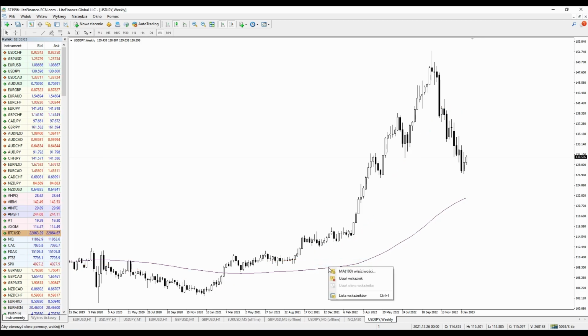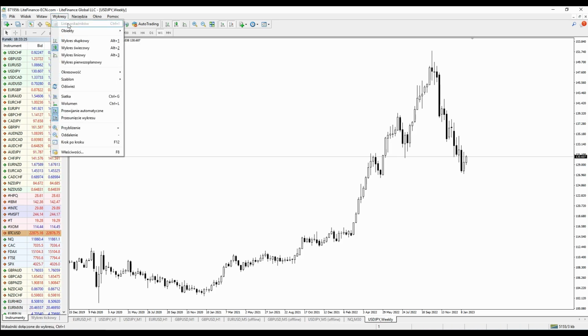The second one, RSI, relative strength index, is an indicator that compares the magnitude of recent gains to recent losses to try to determine if the market is overbought or oversold.